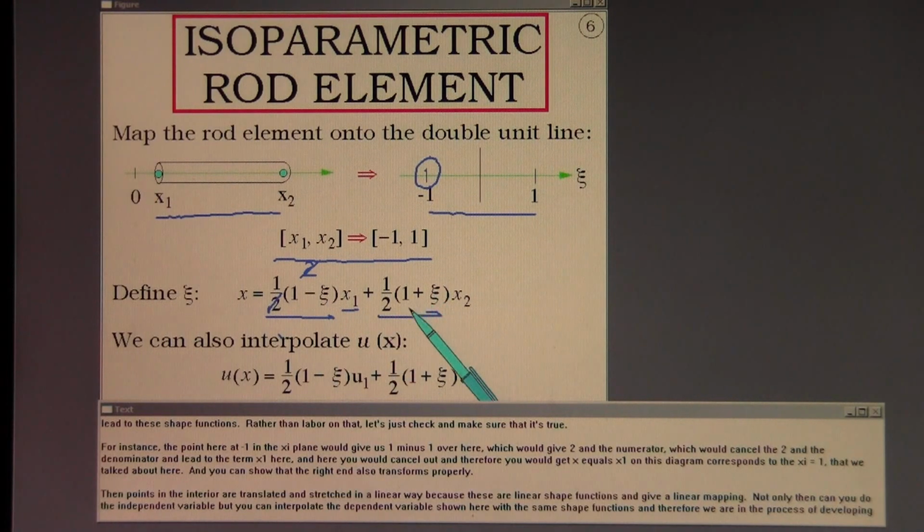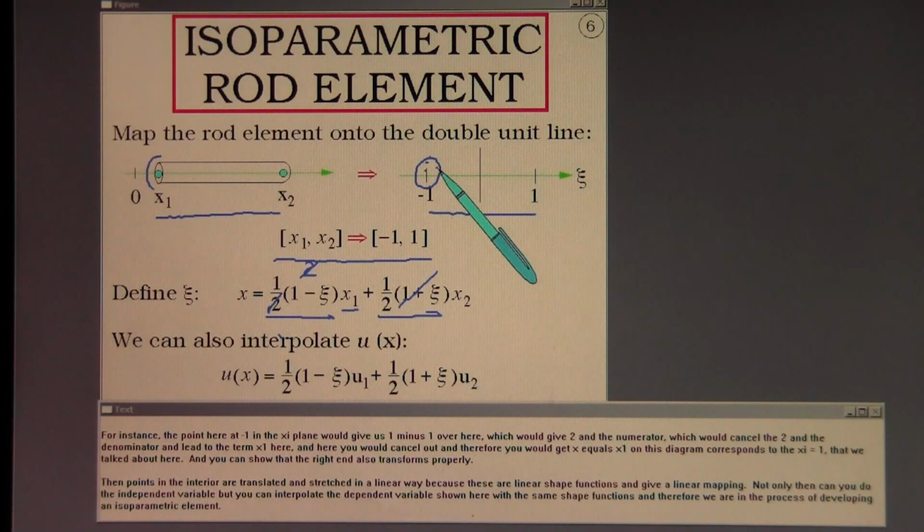And here you would cancel out, and therefore you get x equals x1 on this diagram, which corresponds to the c equals -1 that we talked about here. And you can show that the right end also transforms properly. Then points in the interior are translated and stretched in a linear way because these are linear shape functions and give a linear mapping.